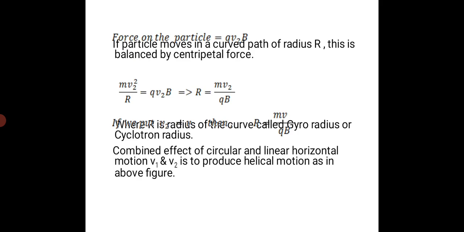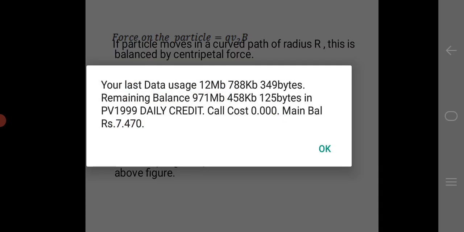The force on the particle is equal to Q V2 into B. If the particle moves in a curved path of radius r, this is balanced by the centripetal force, that is m V2 squared by r equal to Q V2 into B, which implies r equal to m V2 by qB.